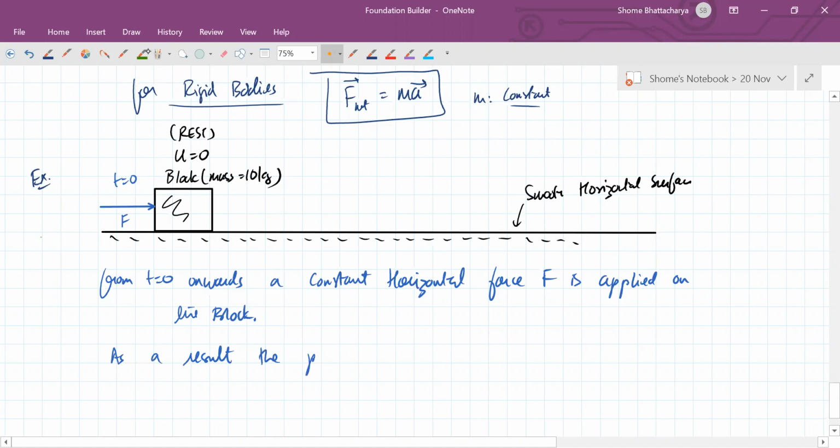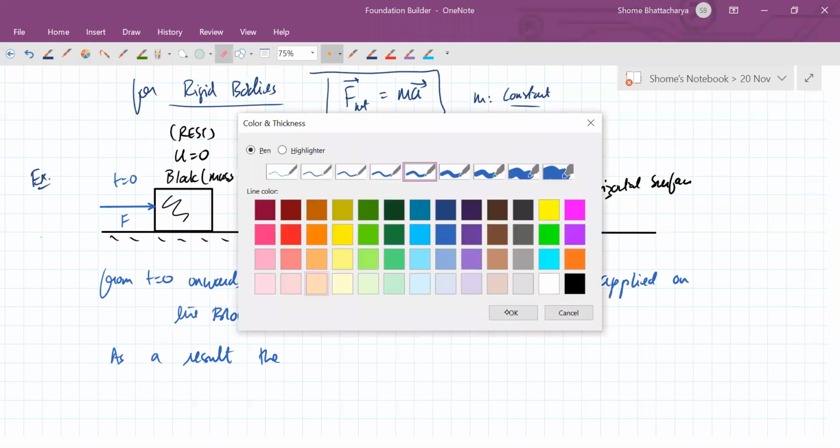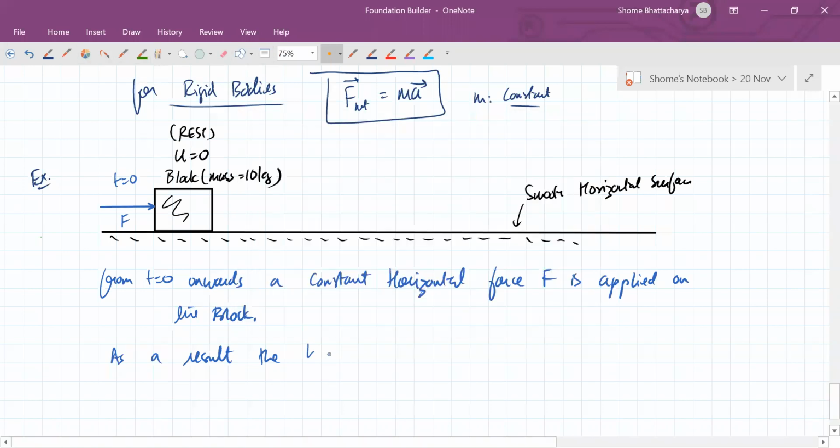As a result of this, the block has a displacement of, let us say, 4 meters after 2 seconds. Okay.